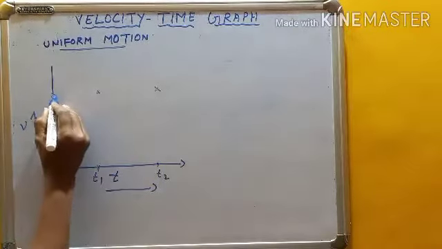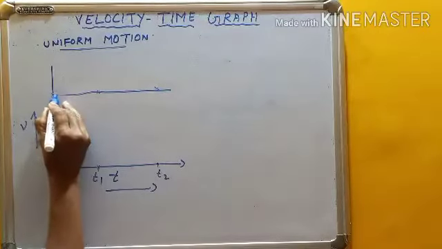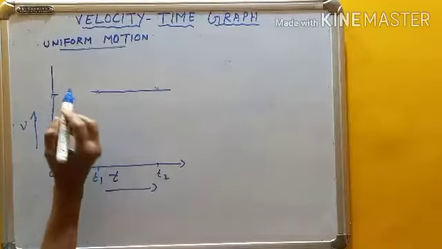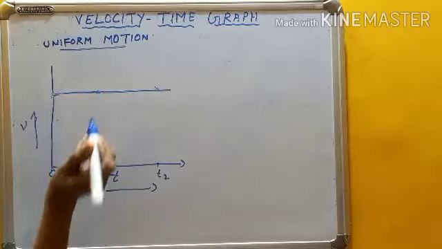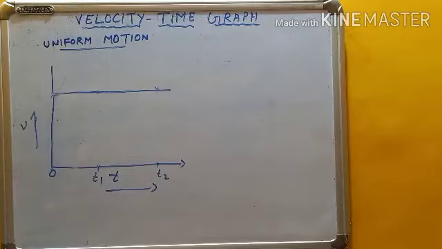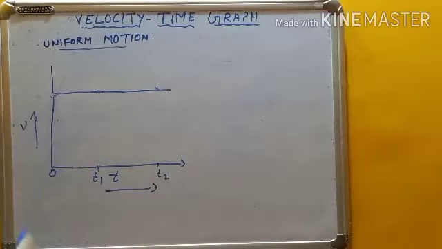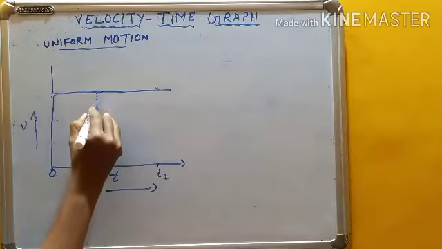So when you plot the graph, it is a straight line parallel to the time axis. The velocity time graph for uniform motion is a straight line parallel to the time axis.